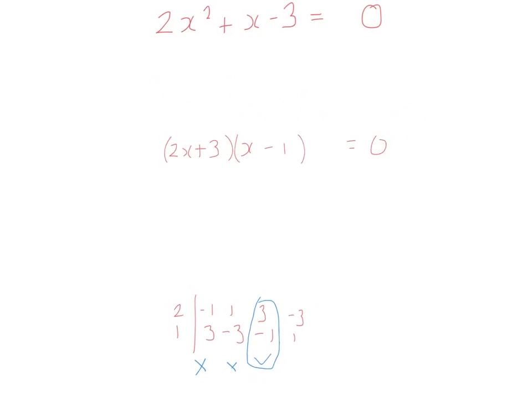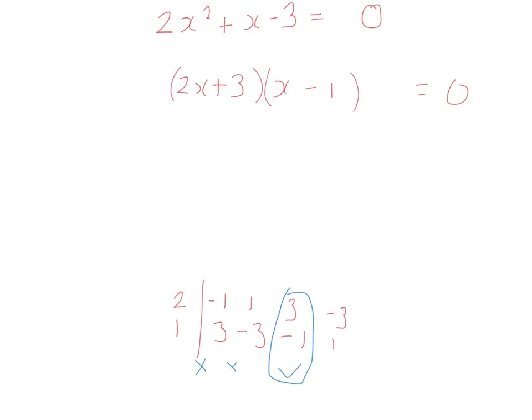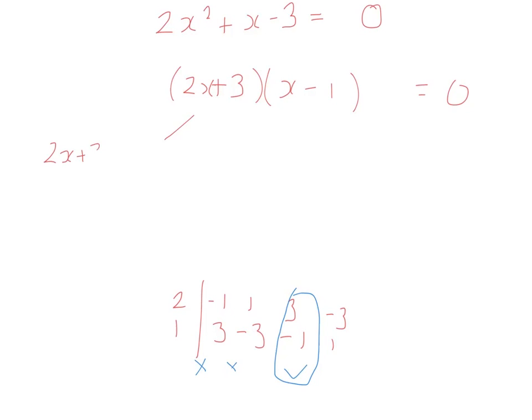Remember, you can check that answer. If you multiply it out, you should get back to the starting problem. Okay, so we've got two things multiplying together to give me the answer 0. So I'm going to split them up. Either 2x plus 3 is equal to 0, or x minus 1 is equal to 0.